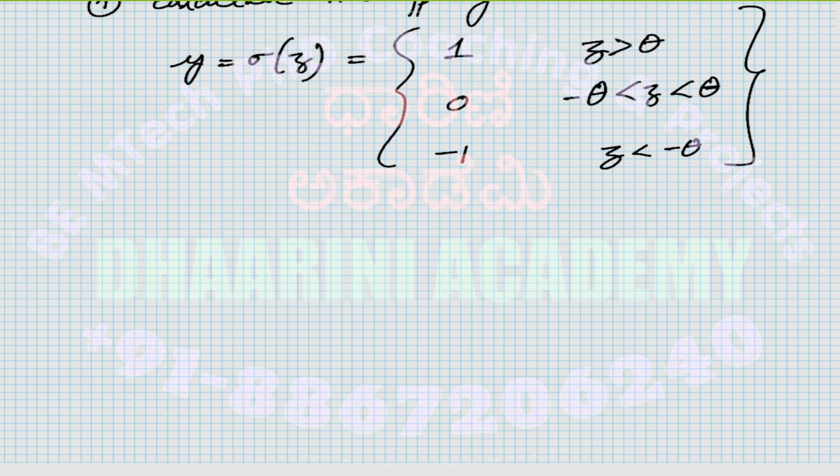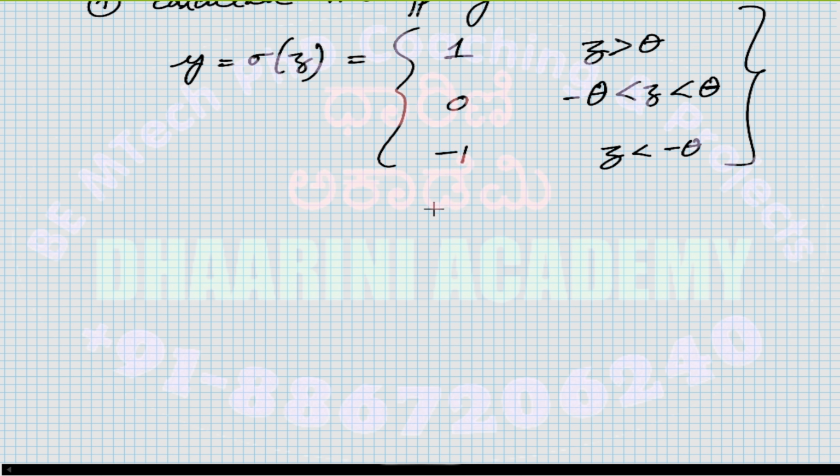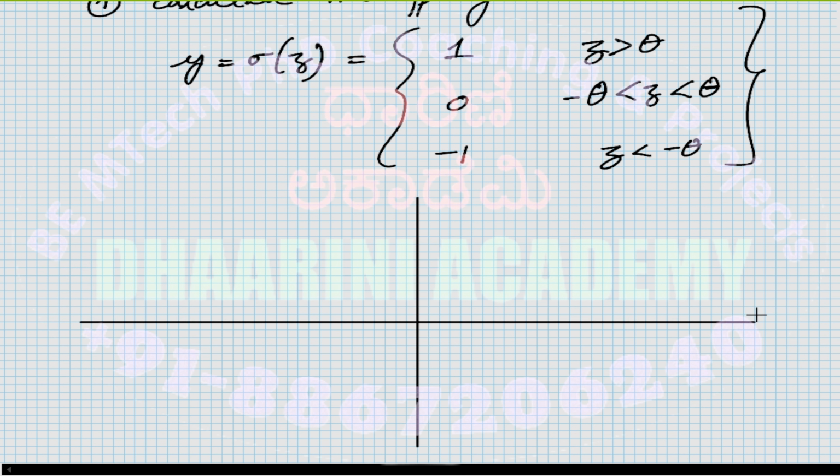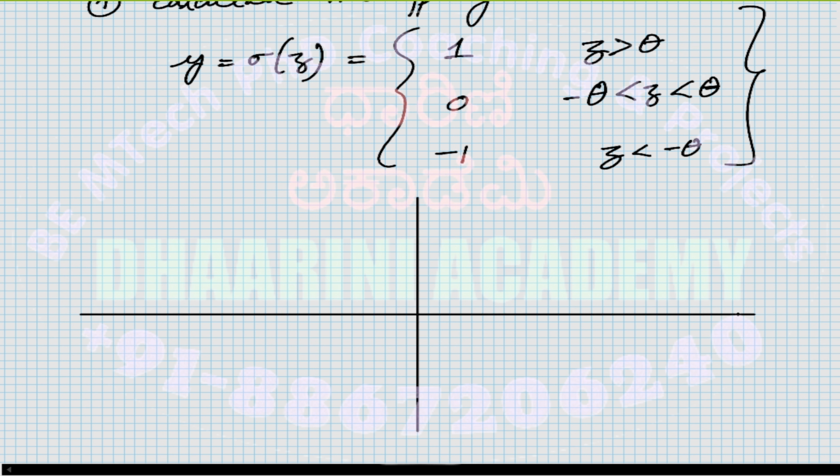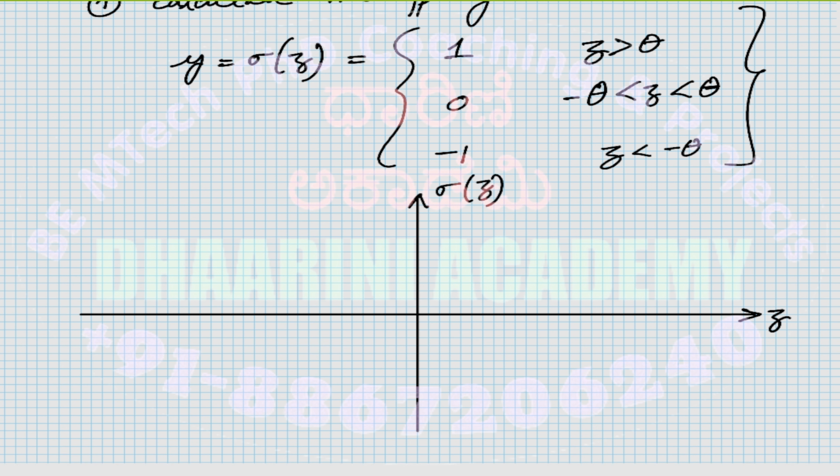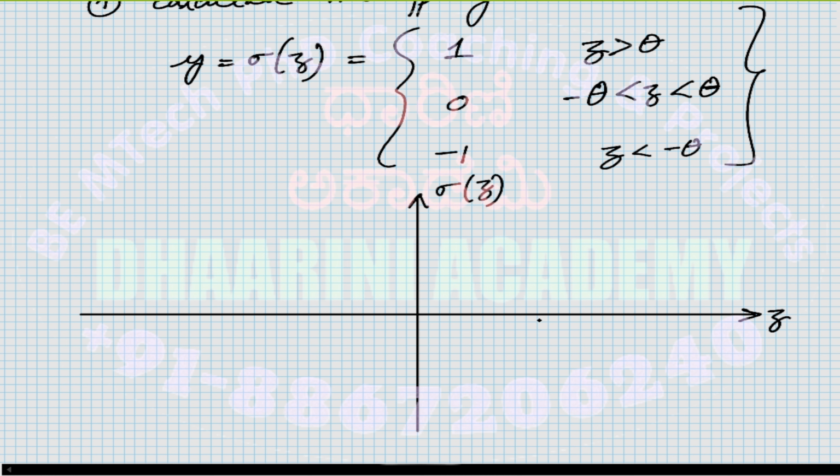Now let's look at the plot of this activation function. So this should be z, and let's say this is sigma of z. Let us assume that we considered two theta values. One is plus theta and one more is minus theta, correct? And we want the values to be 1 and -1.